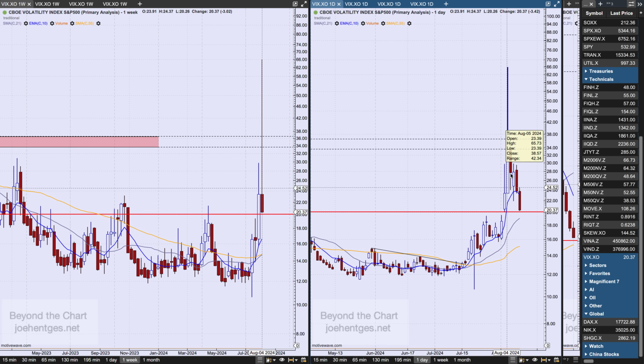Here's Friday. Here's Monday. So what's interesting is the way they've got this set up, and I assume this is correct in terms of where it opened, it's showing that it opened basically right about where it closed, and then just did nothing but push all the way up into the 60s. Okay, and what are these dashed lines in here?